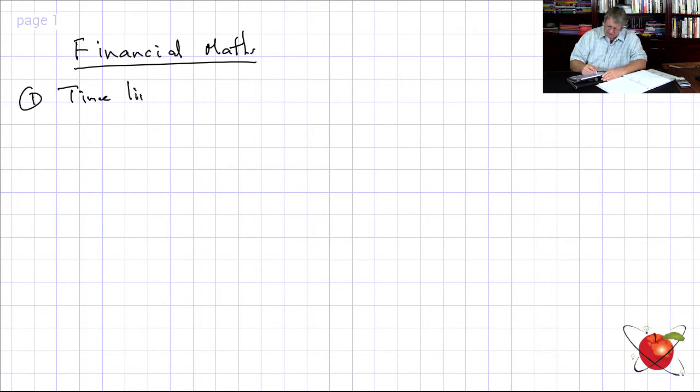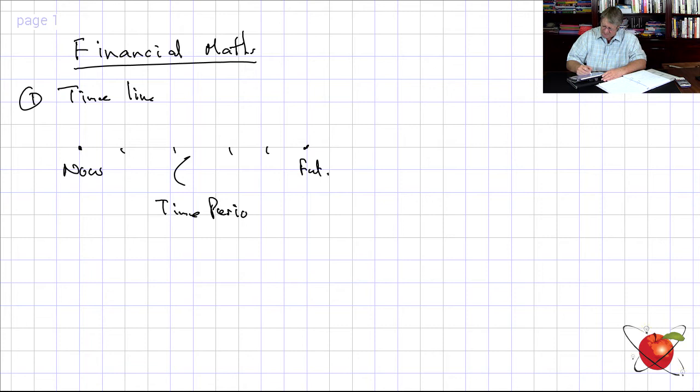Onto my timeline, I put this as now and this as the future, and these are my time periods. What are we looking at? Are we looking at 1 year, 2 years, 5 years? Are we looking at 60 months? What are we talking about in terms of time periods?